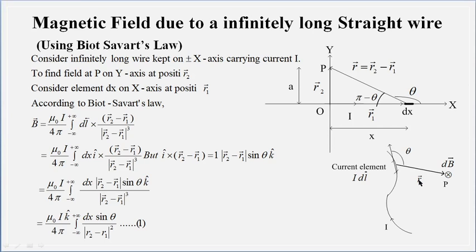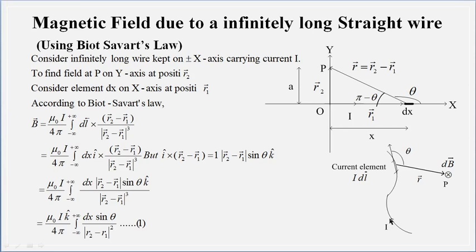Then for the position vectors, we take some origin in a coordinate system. From the origin to that element, the position vector is r1, and from the origin to the point where we are finding the physical quantity, the position vector is r2.